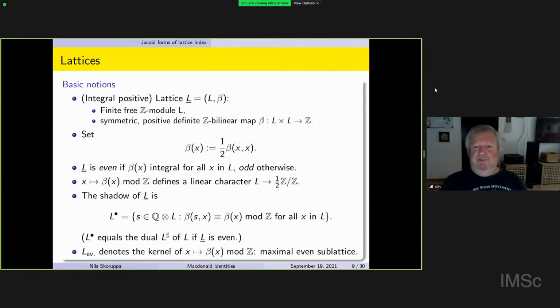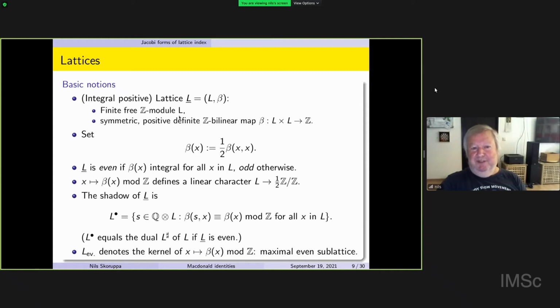And so I have to explain shortly some notations of lattices to fix notations, and maybe also something that not all people know. So when I say lattice, it's always a symmetric positive definite lattice. More precisely, it's a pair (L, beta), where L is a free Z module of finite rank, and beta is a symmetric positive definite Z bilinear map, so it takes values in Z. I don't say 2Z, so it's not necessarily an even lattice, but it's integral.